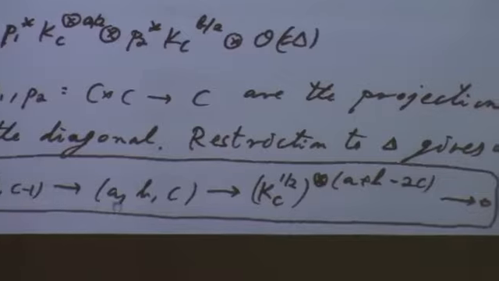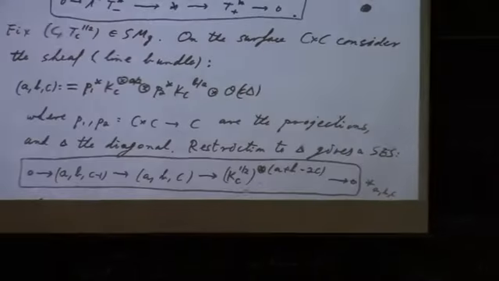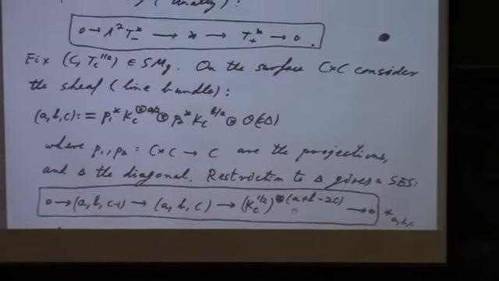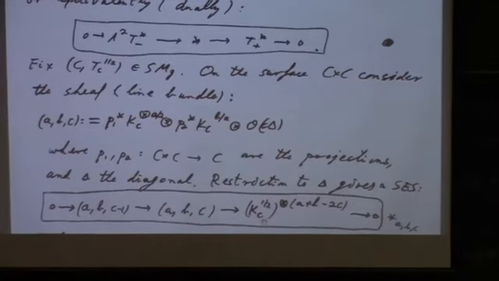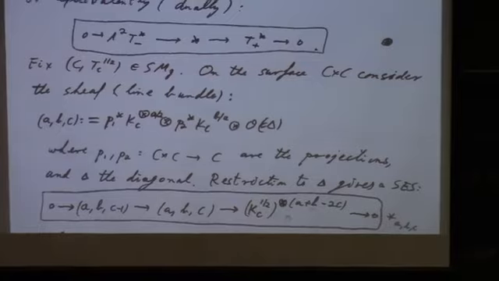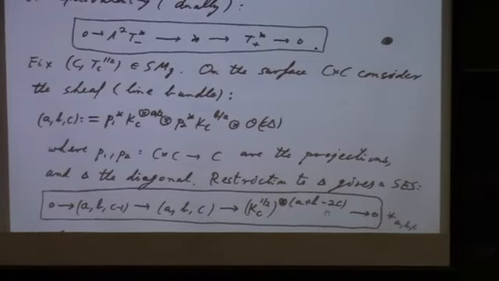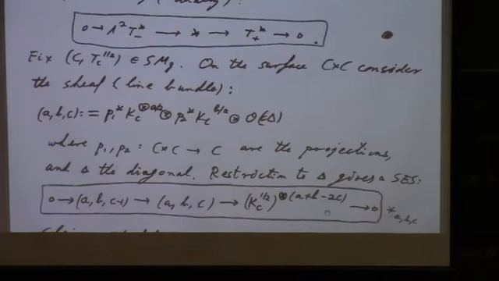You allow a pole on the diagonal to go 1 less. And that's the kernel of restriction to the diagonal, and you just have to calculate what you get. It's a line bundle on the diagonal, which is identified with C. It turns out to be K to the power half of A plus B minus twice C. I'll leave that for you to check. So we'll call that the sequence number ABC.